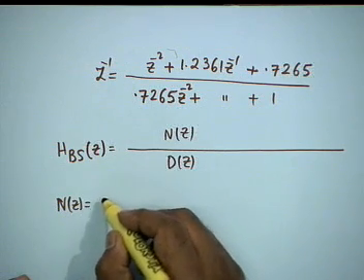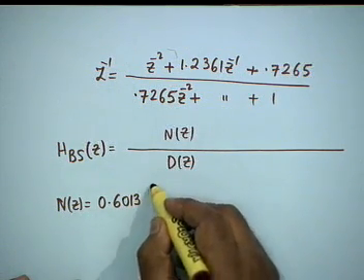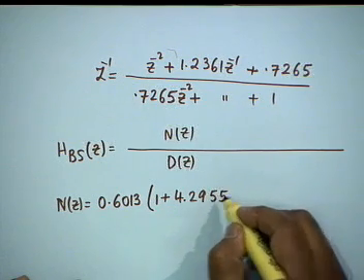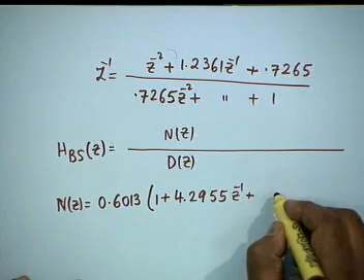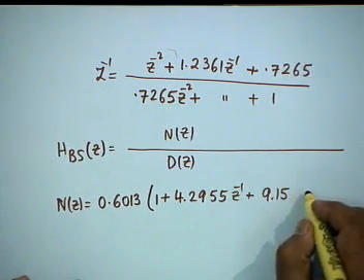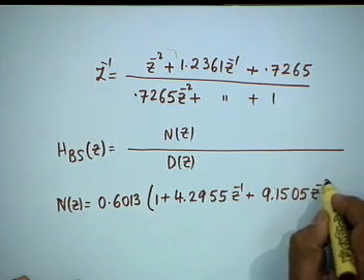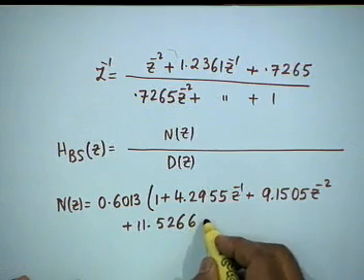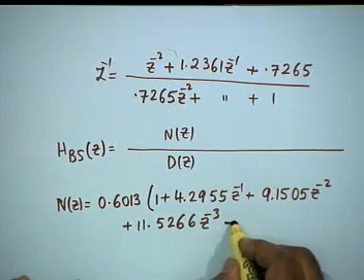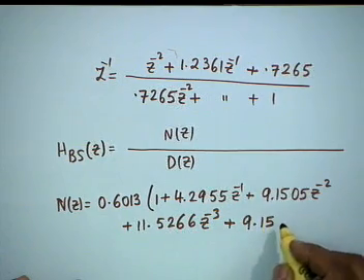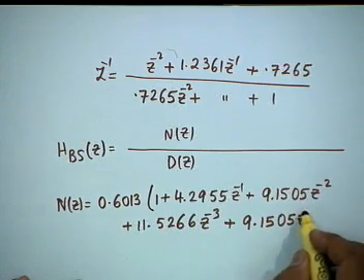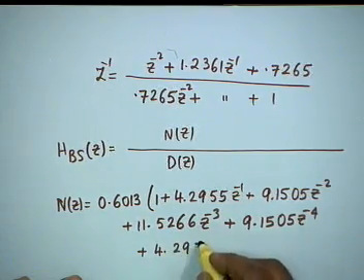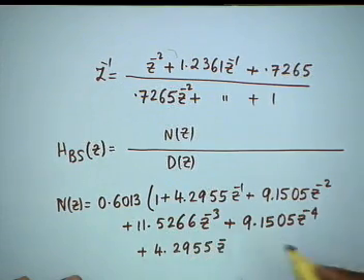N of z is equal to 0.6013, 1 plus 4.2955 z inverse plus 9.1505 z to the minus 2 plus 11.5266 z to the minus 3 plus 9.1505 z to the minus 4 plus 4.2955 z to the minus 5.